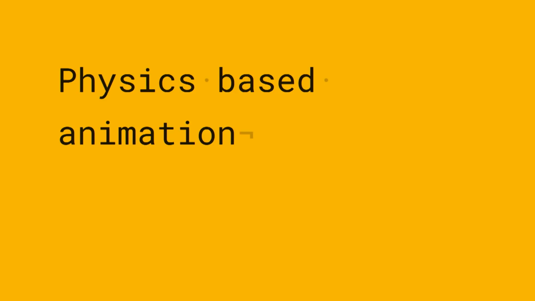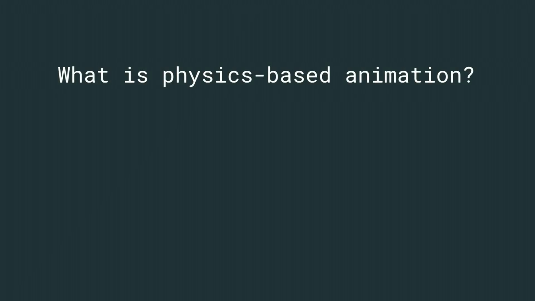All right. So we introduced the physics-based animation library earlier this year. The goal of the physics-based animation library is to create continuous motion that is natural looking. The key to natural looking motion is to use a physics force to govern the movement of the animation.